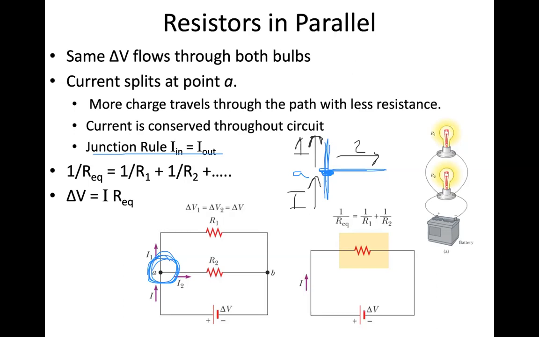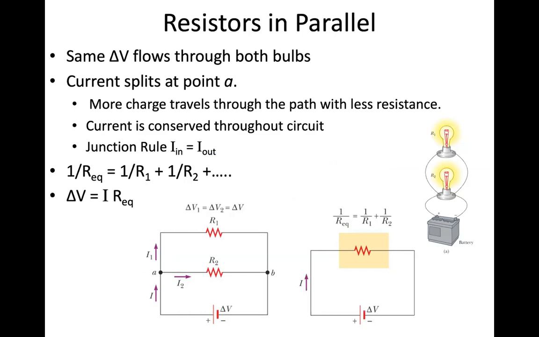I is coming into this point, 2 is leaving it, and 1 is leaving it. So I in equals I out tells me that the current before it splits must equal 1 and 2 combined, so that I conserve current. I don't lose any, it just splits, and it splits in such a way that whatever comes into the junction is what goes out of the junction.